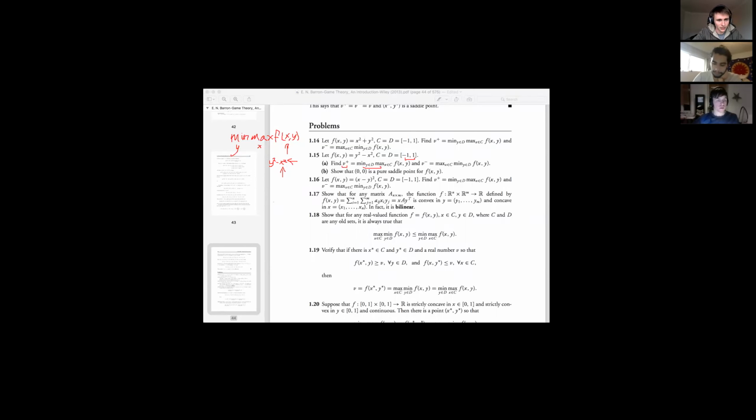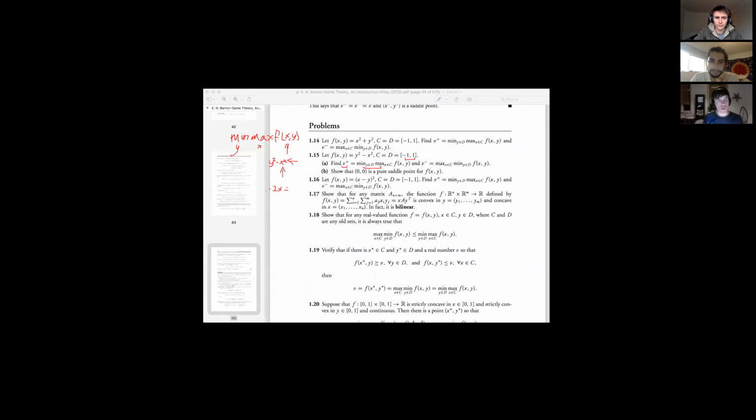What would we do with y squared? Just, once you have solved the max part of the equation. Oh, right. Since you're taking the derivative with respect to x, then y is a constant.